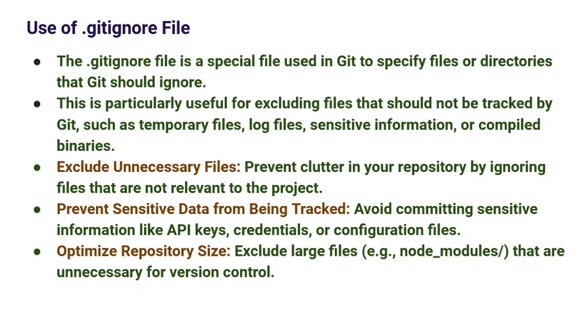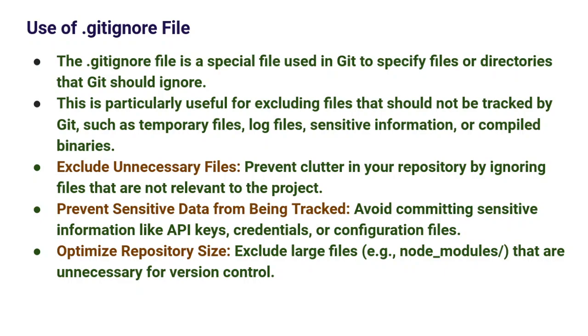So it is particularly useful for excluding the files that should not be tracked by Git. If you want Git to not track some files, then we can use the .gitignore file. Files such as temporary files, log files, sensitive information, or compiled binary files, etc. So the .gitignore file will help us to exclude unnecessary files.